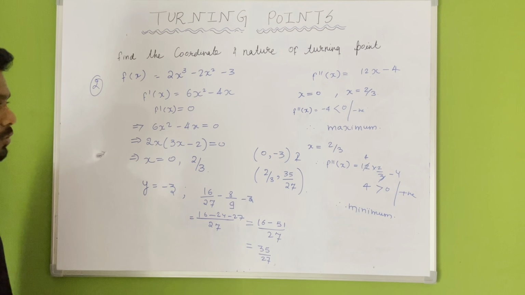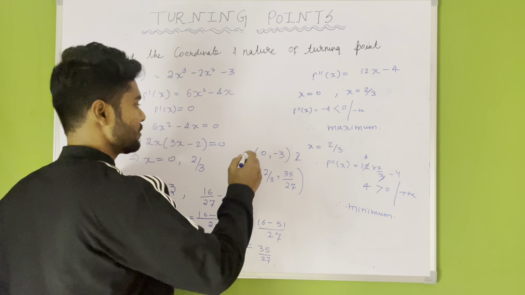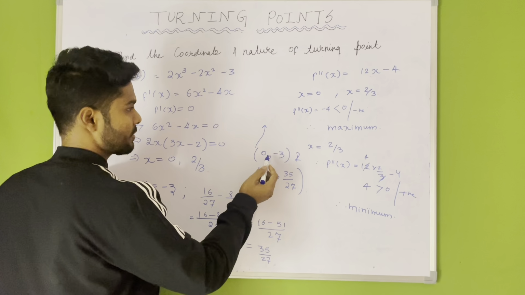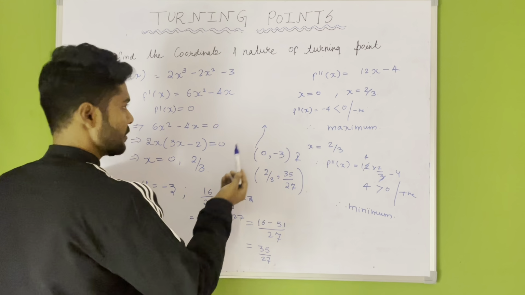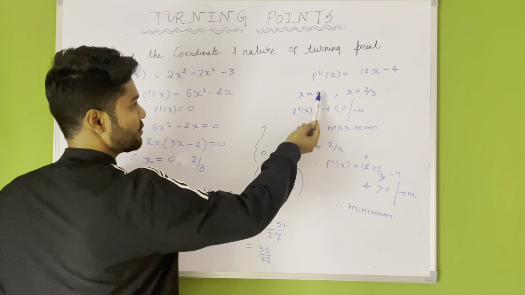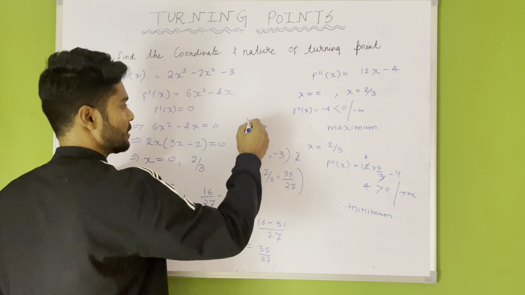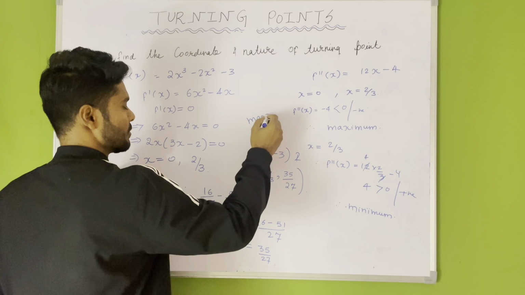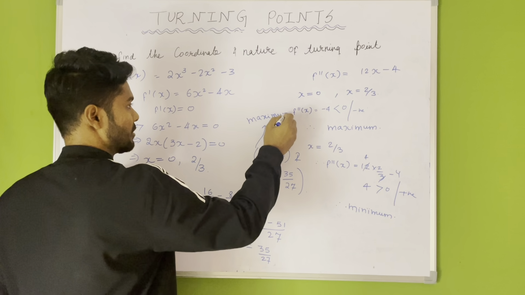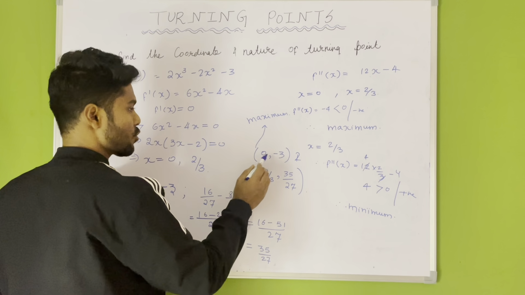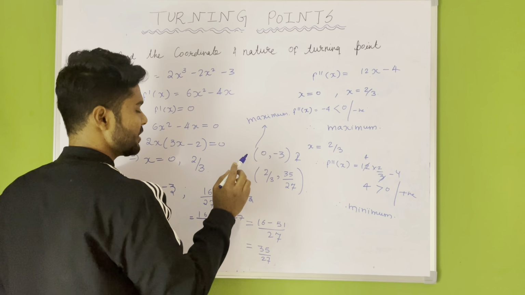Done. So from here we can say that this is the coordinate 0 comma minus 3. When we put the value of 0, we got this maximum. This is the point of maximum. That means the nature of the turning point at 0 comma minus 3 is maximum in nature.